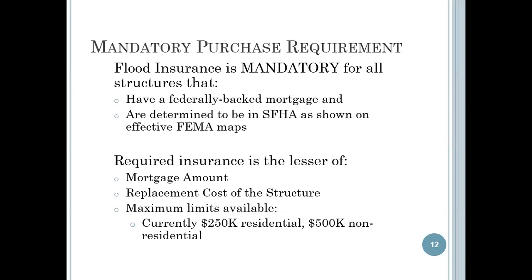Now, the lenders have to require a minimum of the mortgage amount or the loan amount, the replacement cost of the structure, or the maximum available through the program. Currently, that is $250,000 for a 1 to 4 family residential structure, or $500,000 for a non-residential structure.